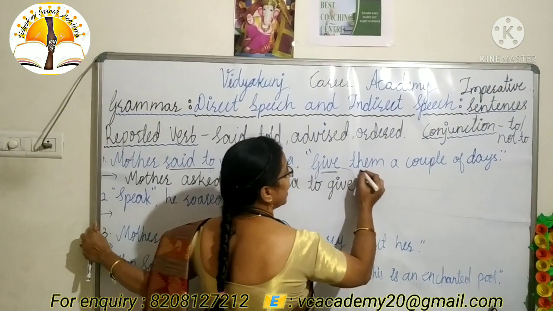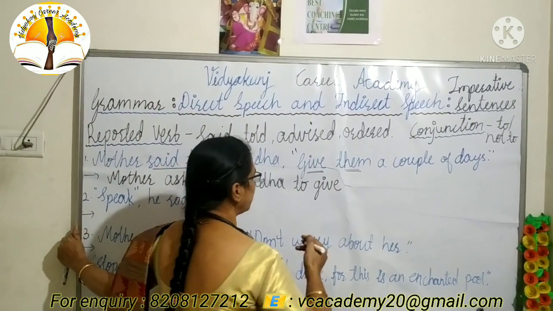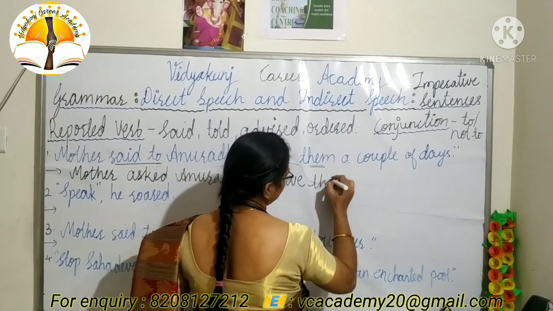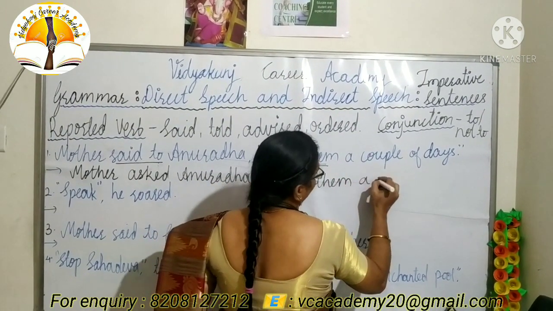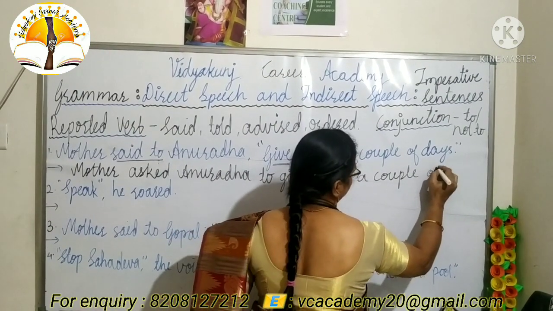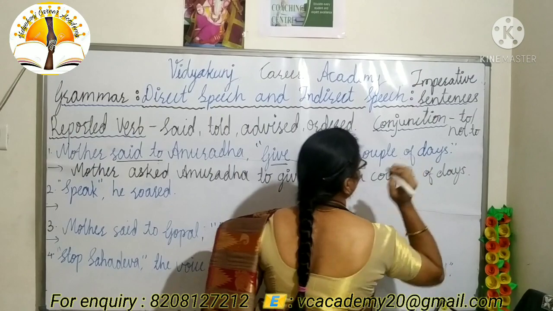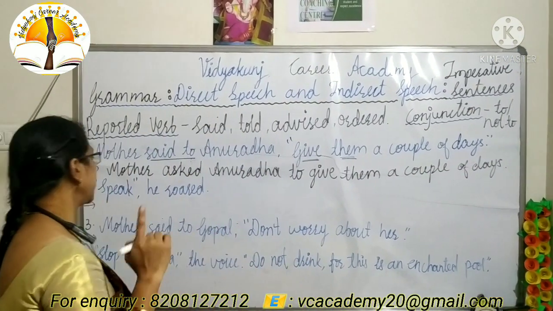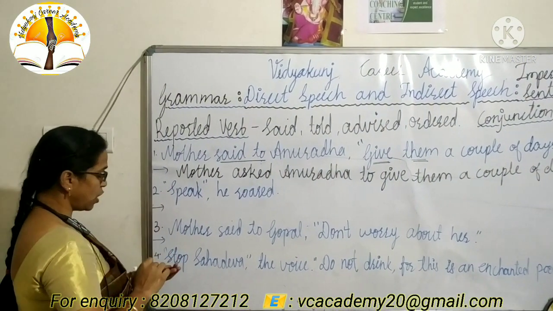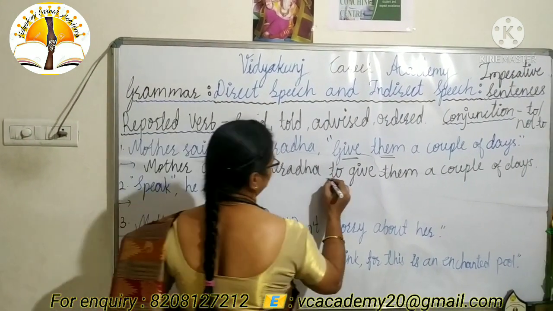Now them is a third person pronoun. If it is a third person pronoun, there will not be any change. You have to write it as it is. A couple of days. This sentence we have converted from direct speech into indirect speech. Understood how we have used the verb and the conjunction?